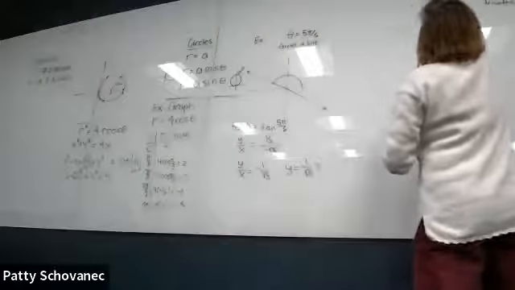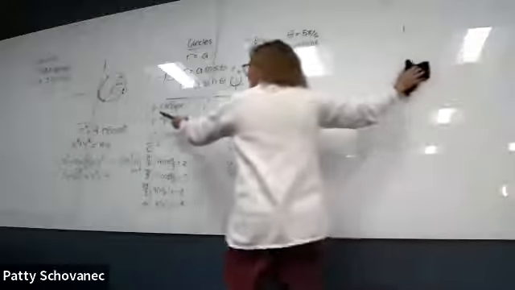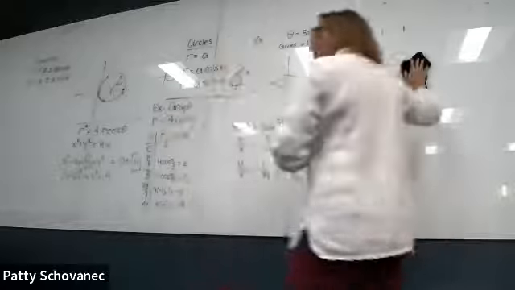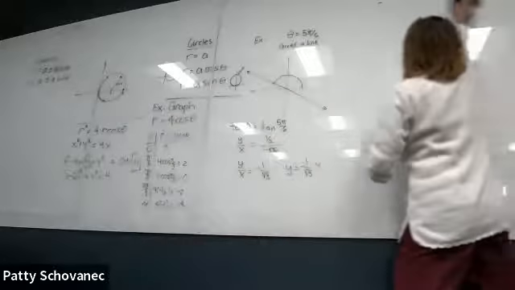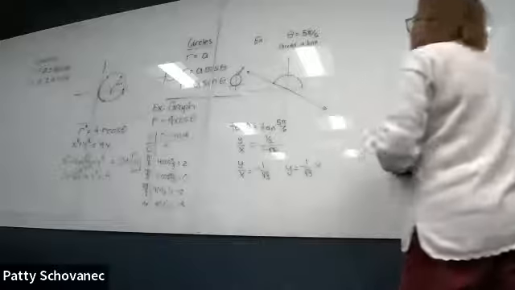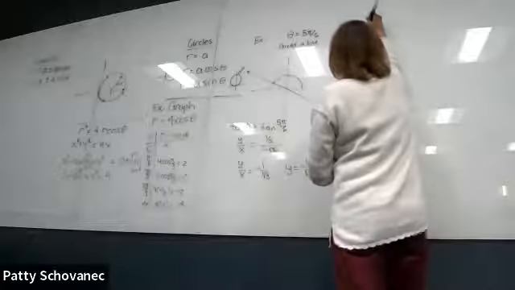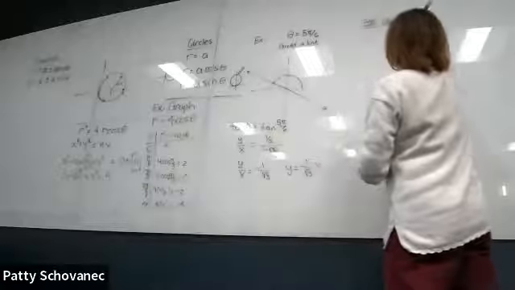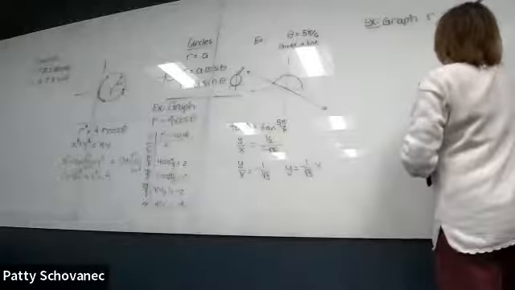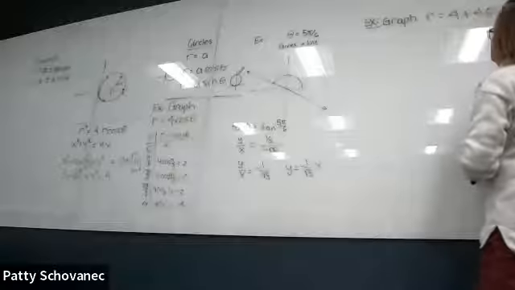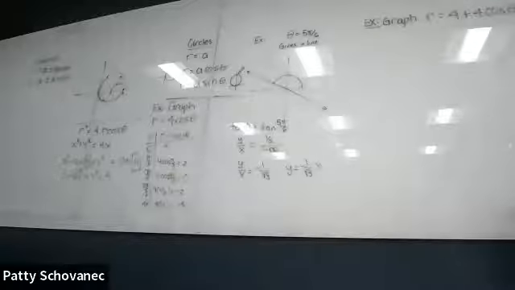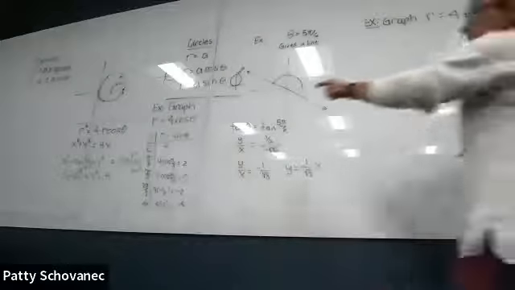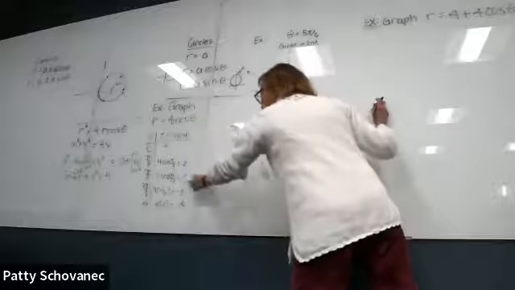So what I'm going to do is use that same one that I just did, but I'm just going to put 4 plus 4 cosine theta so that we can use those same values that we plotted. So I'm going to reproduce this table here, just add 4 to all of those numbers there.